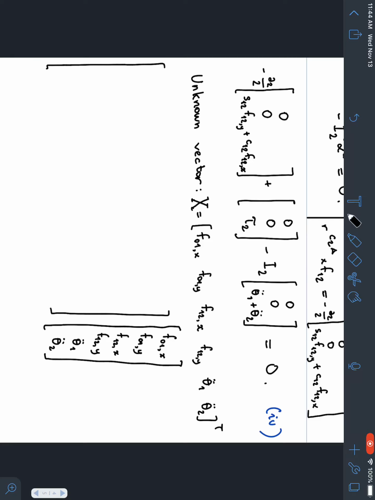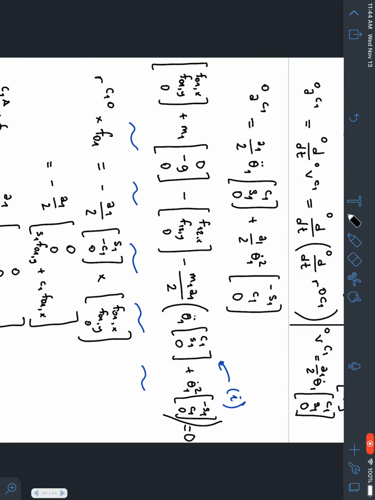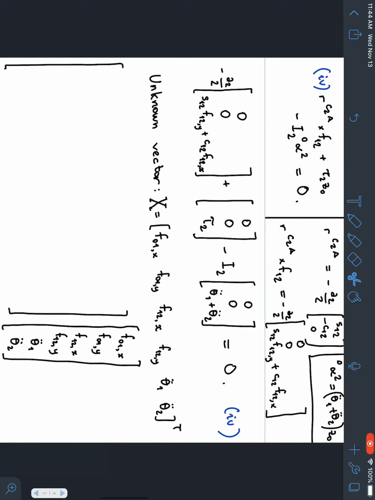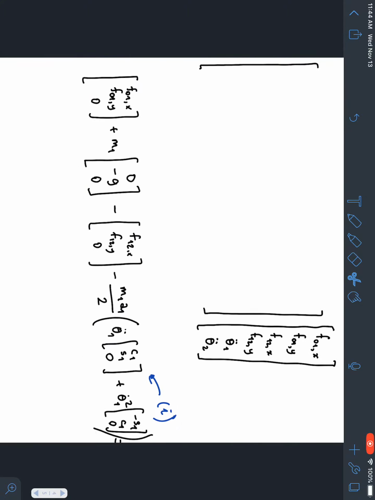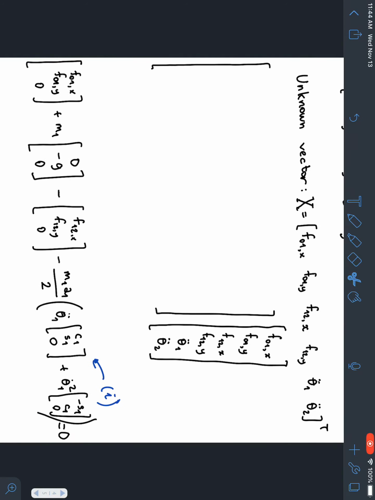Okay, so let's start with the first equation. What I need is to go back over here and read off the components of f01x, f01y, f12x, f12y, etc. Since it's going to be difficult to go back and forth, I'm going to copy this temporarily down there and work over there. So now we're working on this equation right here. What is the component of f01x in this equation?